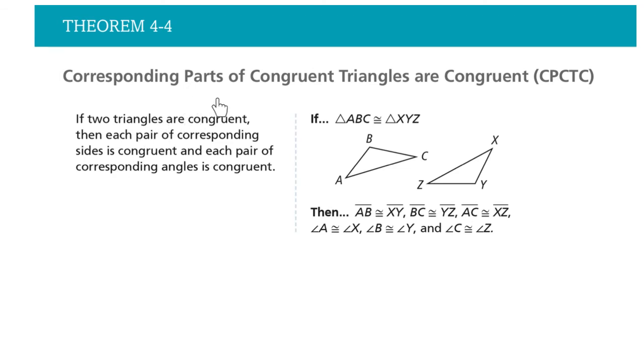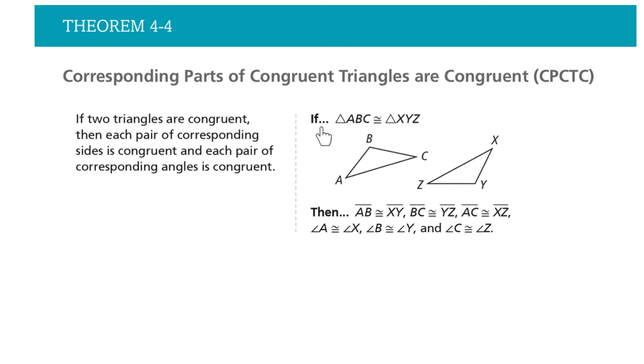So that brings us to another idea, and it's called the corresponding parts of congruent triangles are congruent. It's usually abbreviated with these 5 letters, CPCTC. Corresponding parts of congruent triangles are congruent.